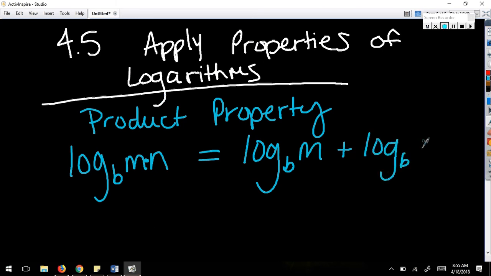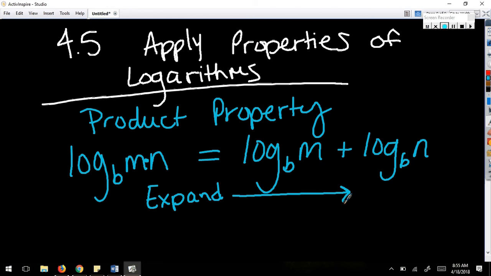Now, if you noticed, the left side is kind of a smaller version of the right side. For that reason, if we go from left to right, we call that expanding. So I'm going to do an arrow that way. If we take it from a small version and we make it a little bit bigger, we stretch it out, that's called expanding the expression.